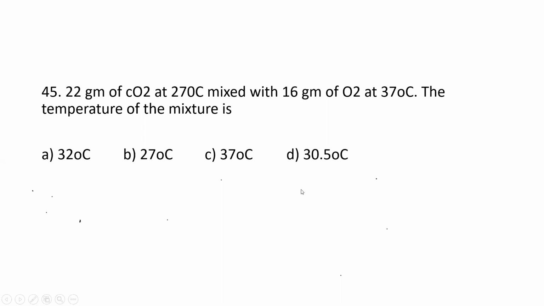22 gram of CO2 at 27 degrees Celsius is mixed with 16 gram of O2 at 37 degrees Celsius. The temperature and the mass are given, and we need to calculate the temperature of the mixture. Here the principle of calorimetry we can use.